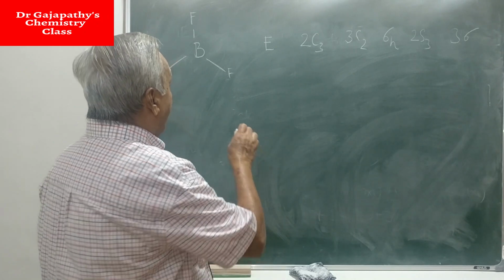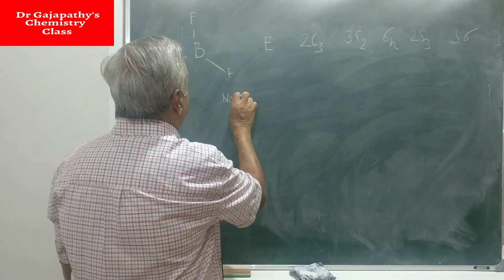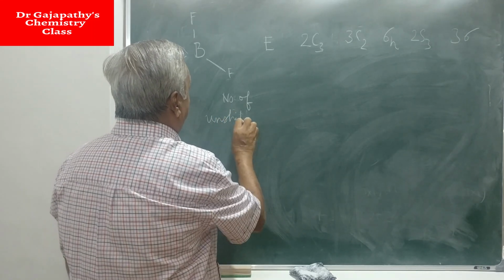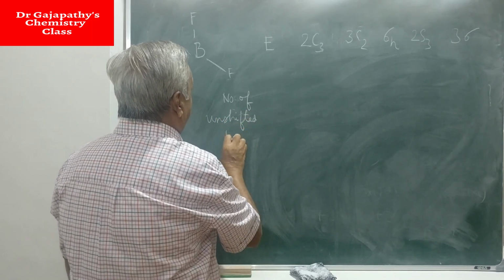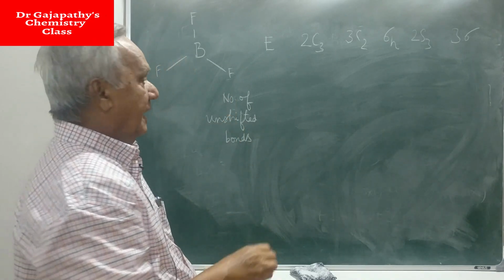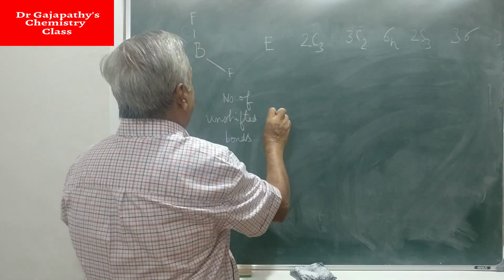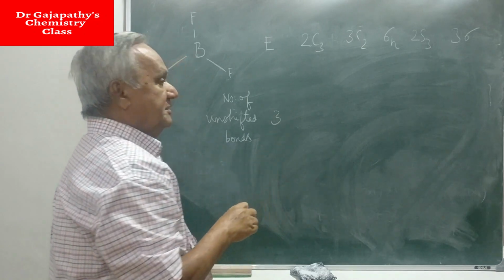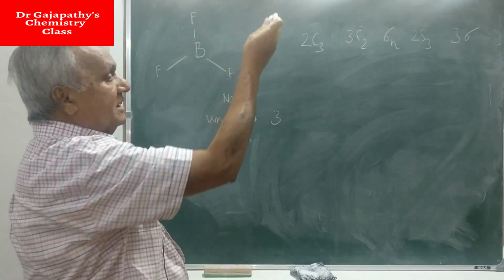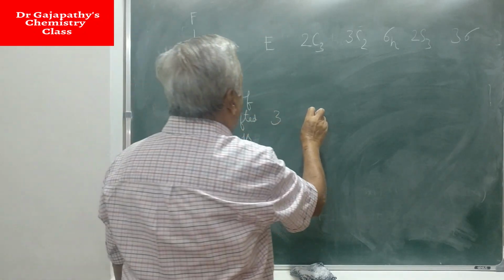So number of unshifted bonds. Identity operation, all the 3 bonds remain unshifted. When I do a C3 operation, all the bonds get shifted. So number of unshifted bonds is 0.